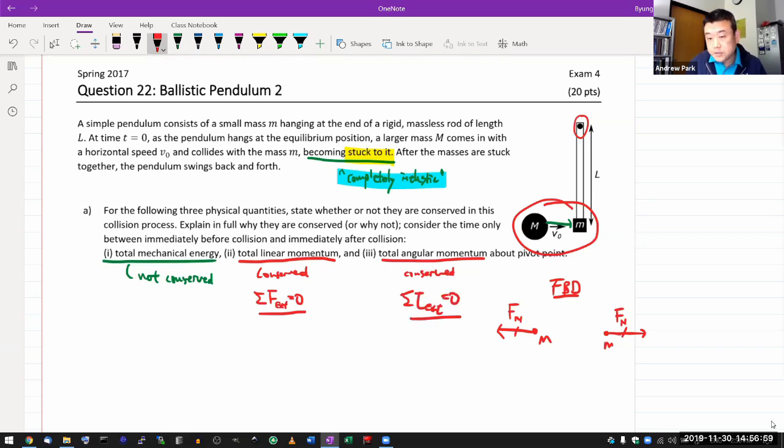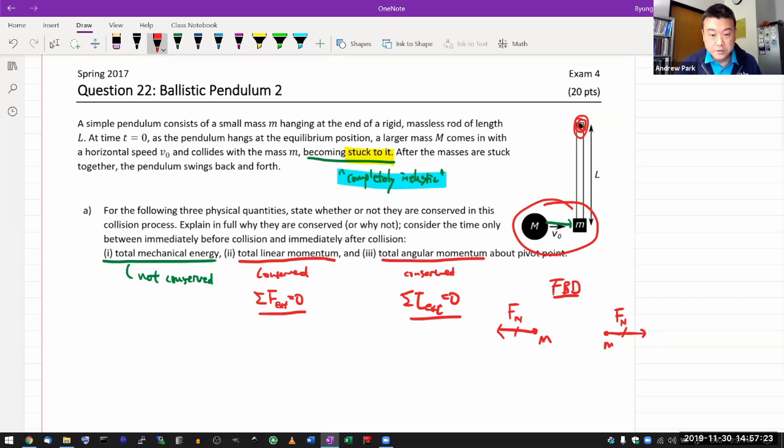The only forces that could have been applying torque here would be some sort of frictional force at the pivot. I don't say frictionless, but we're going to assume it's frictionless. And so total angular momentum is conserved.